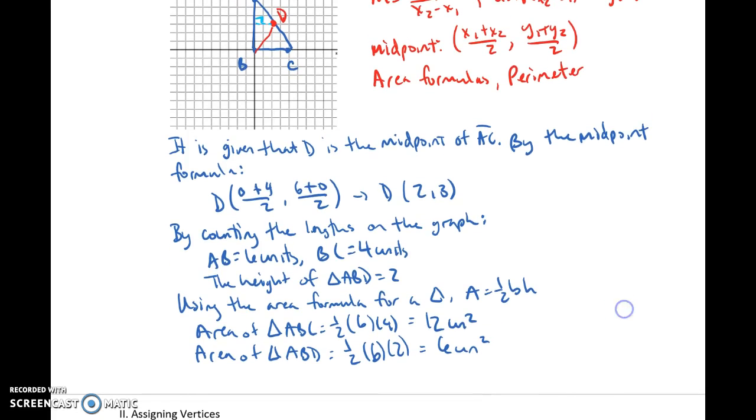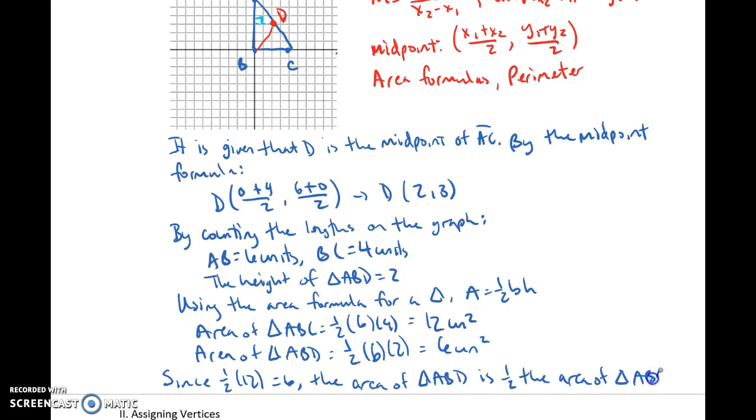And then, since 1/2 of 12 is equal to 6, the area of triangle ABD is 1/2 the area of triangle ABC, which is what we were trying to prove.